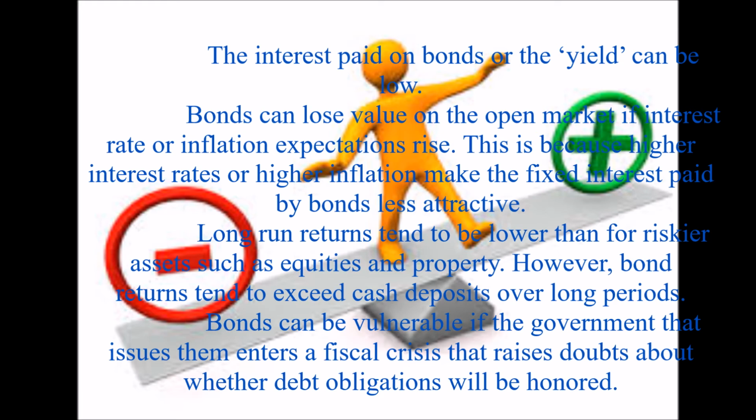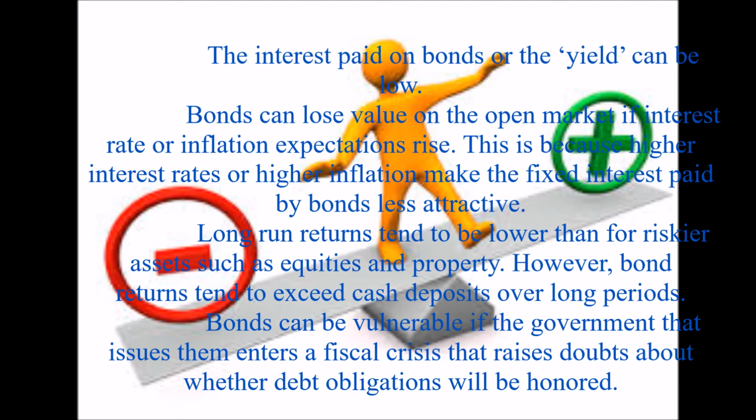Second, bonds can lose value on the open market if the interest rate or inflation expectation rise. This is because higher interest rate or higher inflation makes the fixed interest paid by the bond less attractive. Thirdly, long-run returns tend to be lower than for riskier assets such as equities and property.